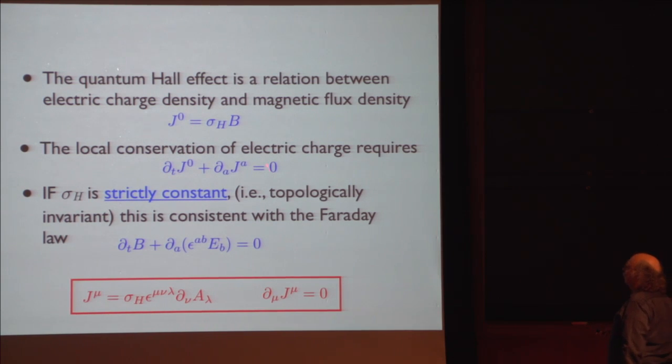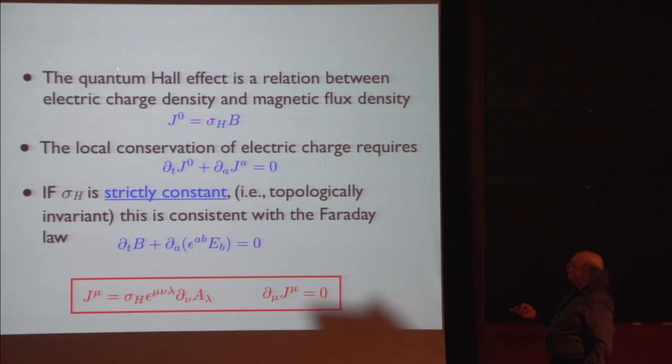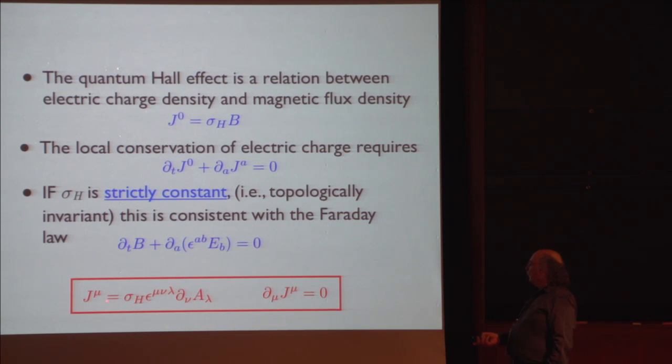And this, of course, underlies the reason that the Hall constant has to be a topological invariant, because this is only consistent with the Faraday law if I can pull the sigma_H constant inside and outside the derivatives in this thing. So the basic property, then, that's consistent with a conservation law is the electric current J^mu being proportional to the curl of the vector potential. And so it satisfies continuity.